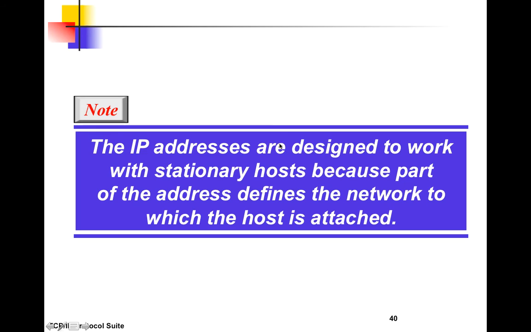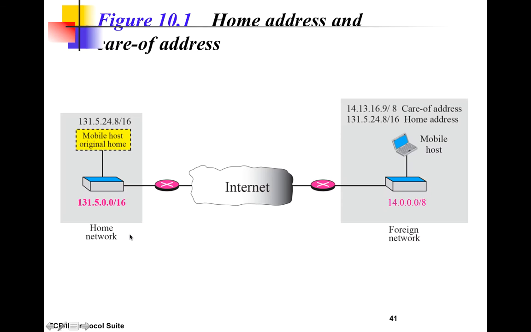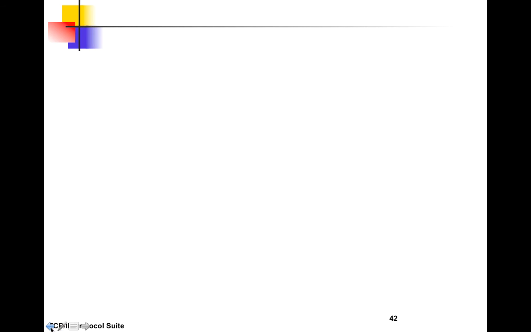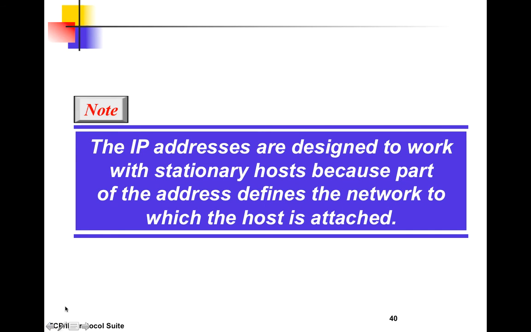So the IP addresses are designed to work with stationary hosts because part of the address defines the network to which the host is attached. As we said, in the normal IP address, the mobile is stationary. It may be moving, but it is still inside the network, so it is stationary with respect to the network. So there isn't any issue with the IP address needing a change.